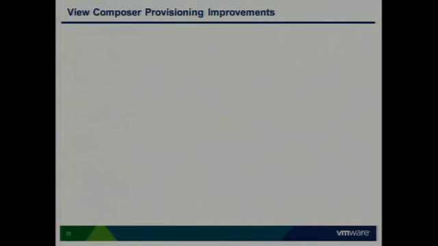Now I'll briefly talk about some of the View Composer improvements that we've made. One thing that customers have asked us is, it takes a lot of time to provision so many desktops. Like I have 1,000 desktops, and it takes about an hour or 2 hours to deploy or provision all of them. So is there any way to speed this process up? You can do that by increasing the concurrency of these operations.